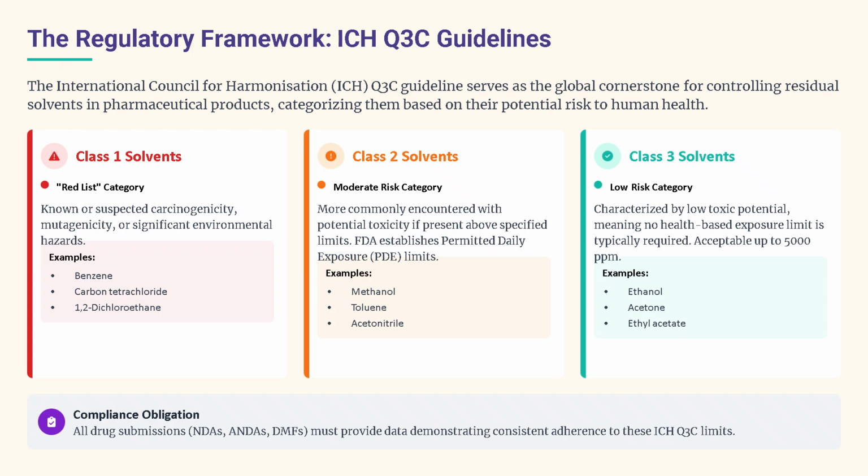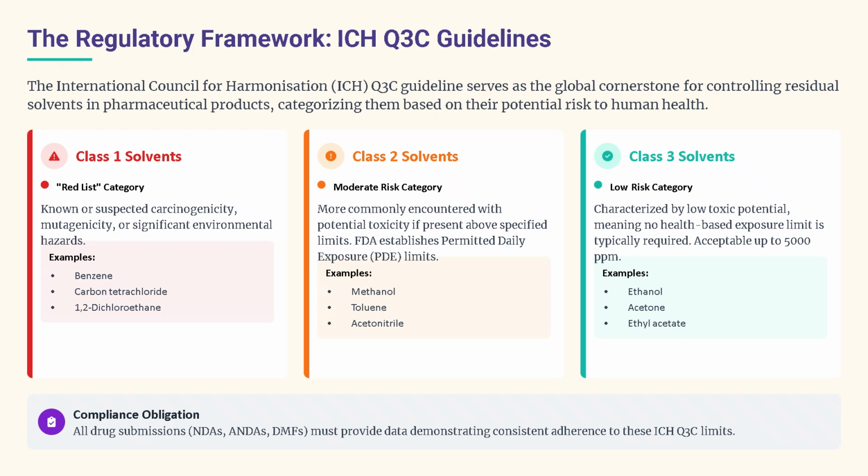There are several common approaches. Direct injection GC, ideal for APIs that dissolve well in a compatible solvent. Simple, but not always suitable for thermally unstable materials. Headspace GC, the most widely accepted method.